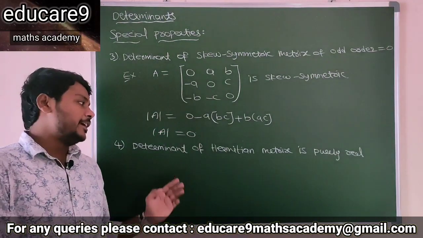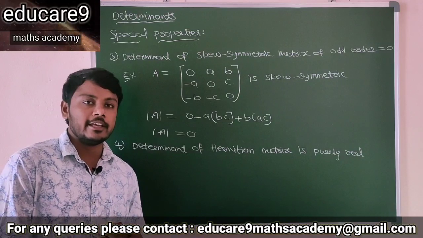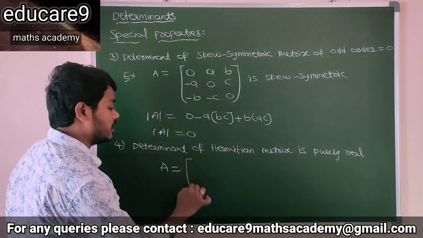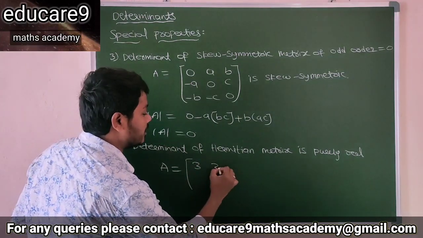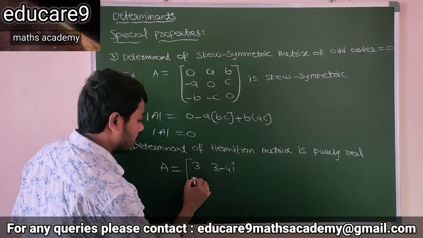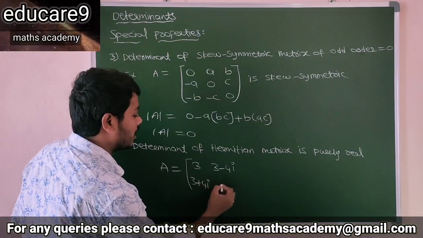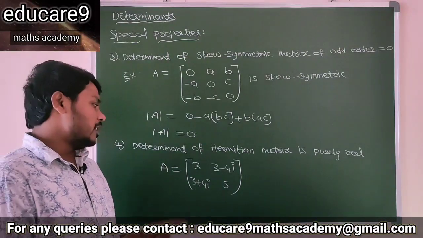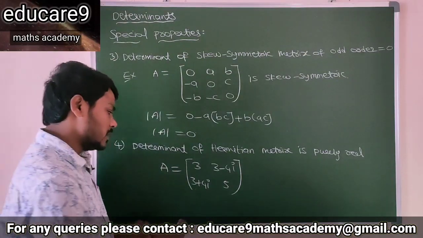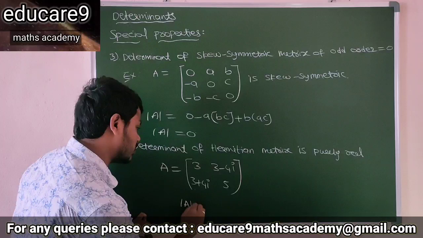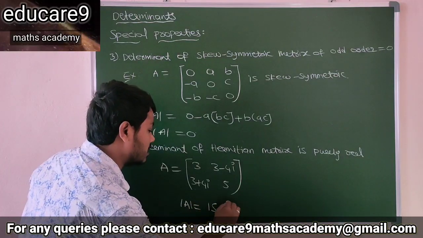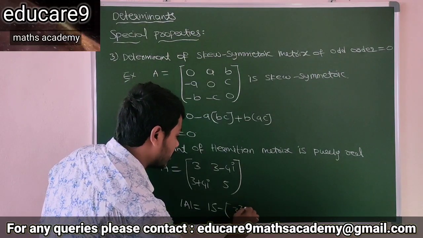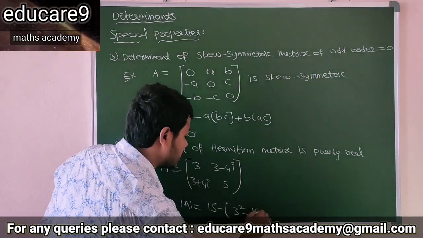So next one, the determinant of a Hermitian matrix is purely real. So for example, consider a Hermitian matrix, that is A is equal to [3 minus 4i, 3 plus 4i; ..., 5]. So clearly this is a Hermitian matrix. Then find this determinant. Determinant of A is equal to 15 minus (a plus bi)(a minus bi), that is a square minus b square i square, 3 square minus 16 i square.